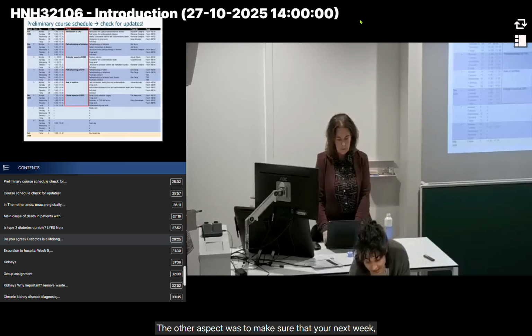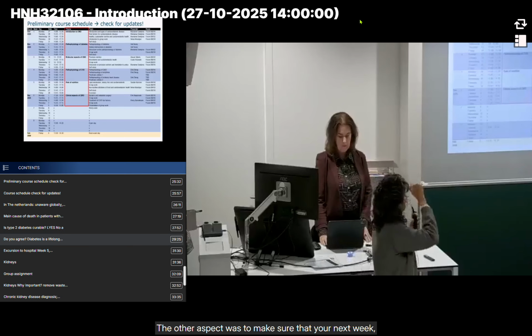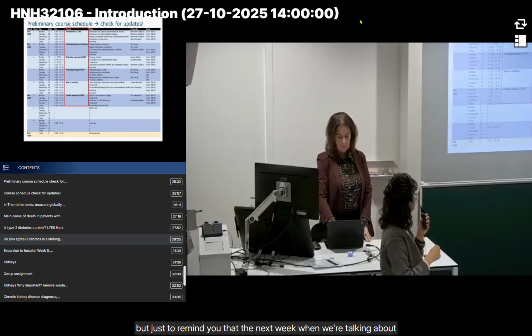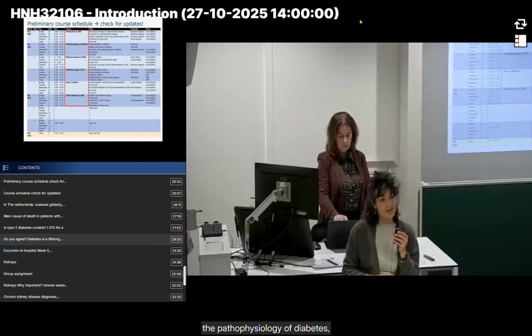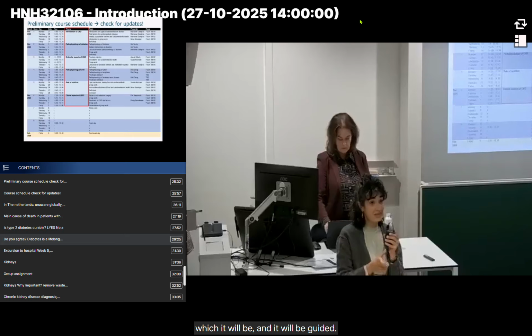The other aspect was to remind you that for next week, when we're talking about the pathophysiology of type 2 diabetes, Mariana has said that this was going to be self-study, which it will be, and it will be guided.